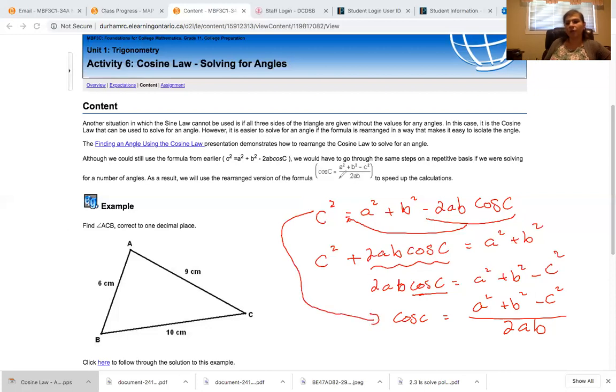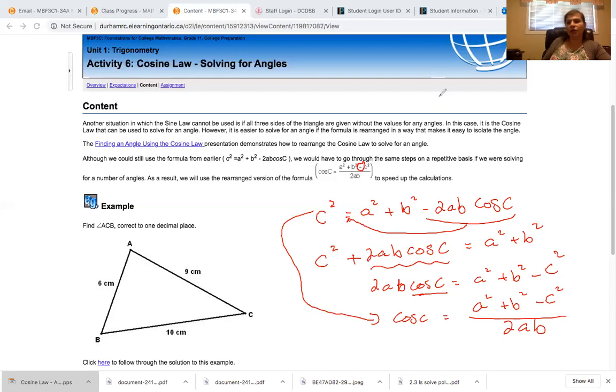So going from here to here, we don't have to do all of these steps every single time. What you have to remember is that you're looking for the angle, so it's going to be cos of the angle that you're looking for, and it's going to be the two sides that are not corresponding to the angle added together, minus the corresponding side, over 2ab, the non-corresponding sides. So always, whatever you're subtracting is the corresponding side.